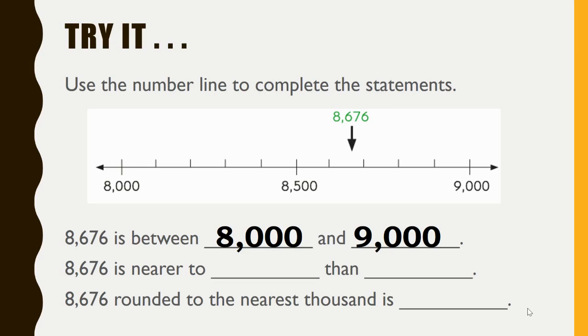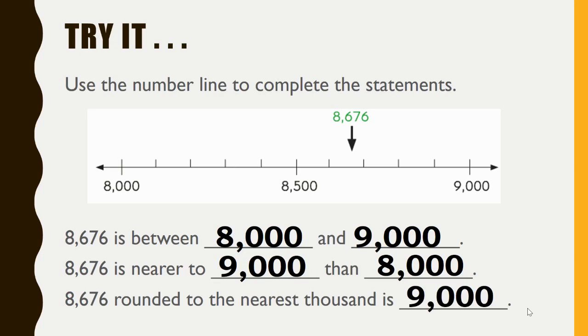Then we're asked to think about, is 8,676 closer to 8,000 or closer to 9,000? You should have written that 8,676 is nearer to 9,000 than 8,000. And finally, did you realize that 8,676 rounded to the nearest thousand is 9,000?